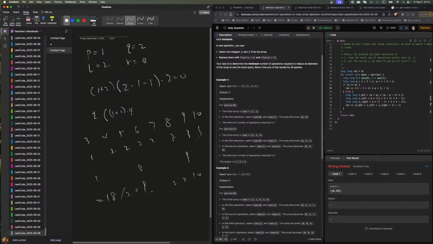Why do you say it's 3? Because 3 divided by 4, yeah, that's 1 operation. So this you need to take 3 operations, but you only take 2 operations.